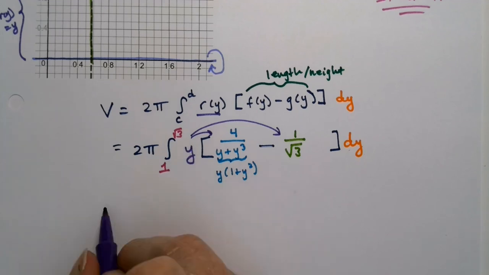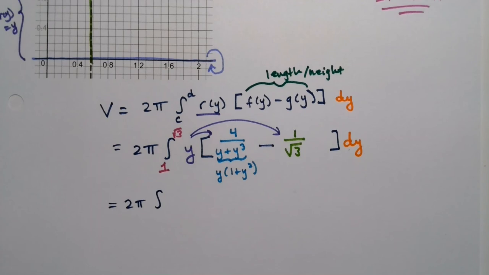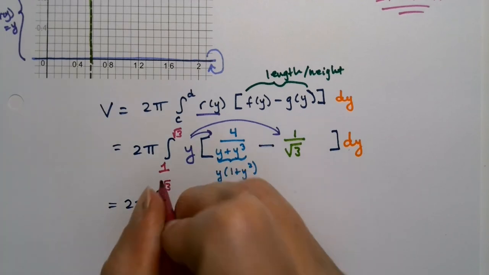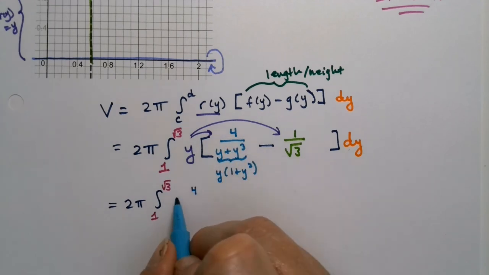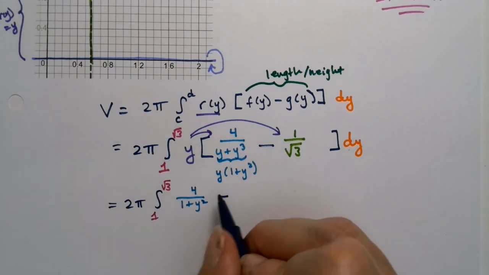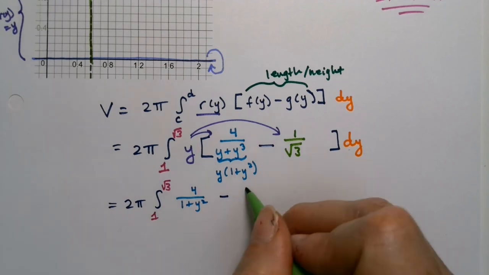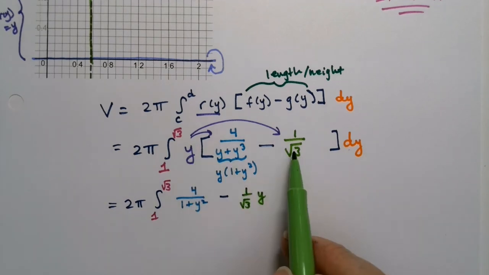So that means that I have 2 pi integral from 1 to the square root of 3 of 4 over 1 plus y squared minus 1 over the square root of 3 y. The y did not cancel on this back term, dy.